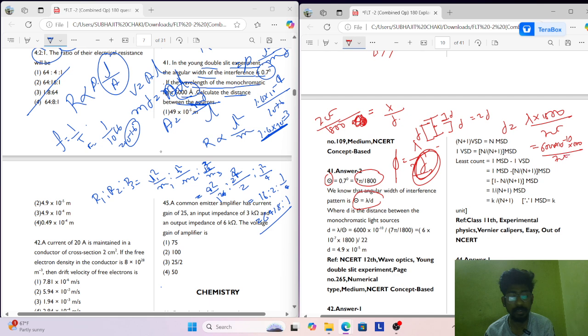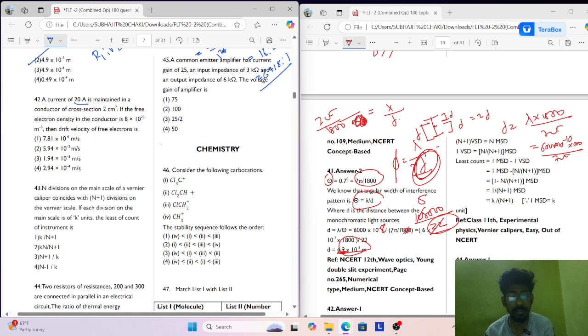If you are calculating this, first of all, this will be 10 to the power minus 8. 18 into 6 means 108,000, divided by 7 into 3.14 means 22 around. This will be around 5, so less than 5. Therefore 4.9 will be our correct option here.